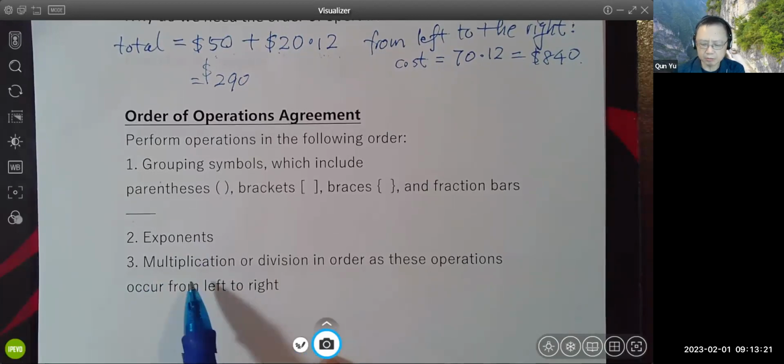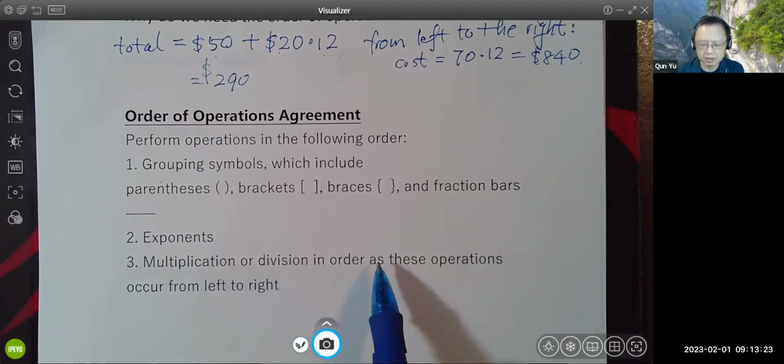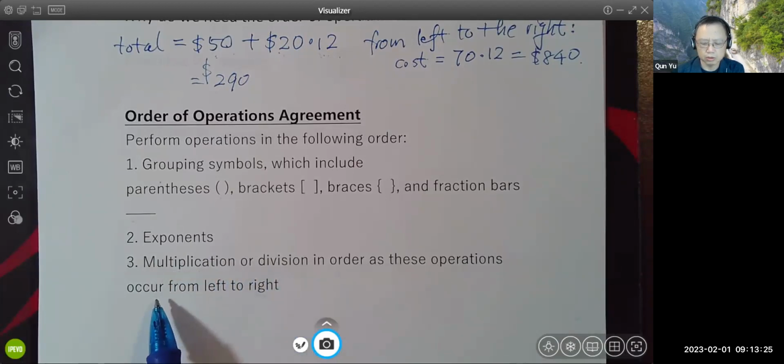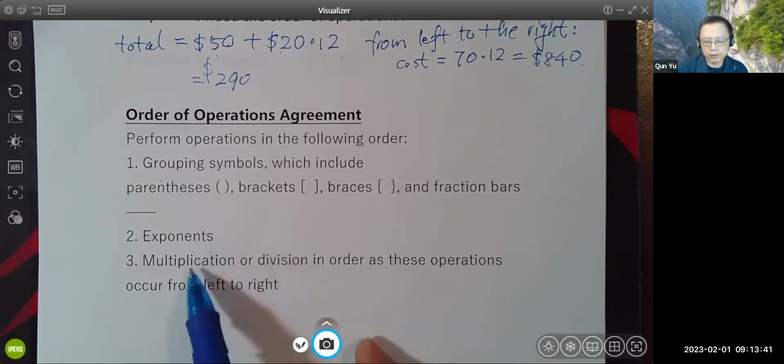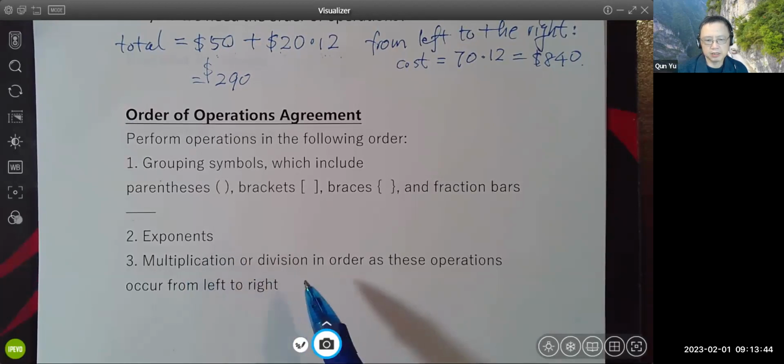Third level is multiplication and division. And when you have multiplication and division together, you want to do these two operations from the left to the right. There's a common misunderstanding that between multiplication and division, some people almost always do multiplication first, and that is wrong. These two operations are at the same level in terms of priority in the order of operations.